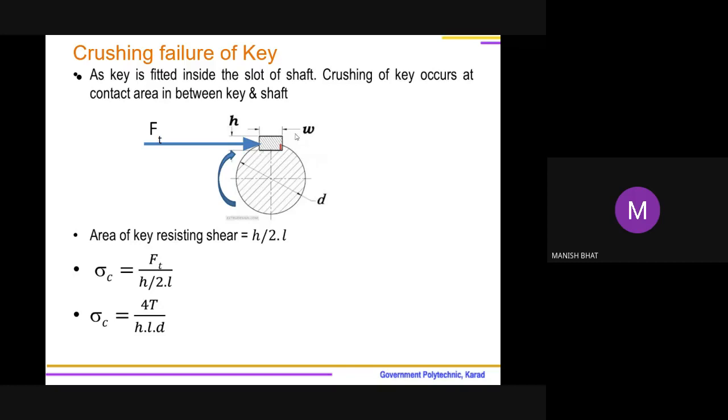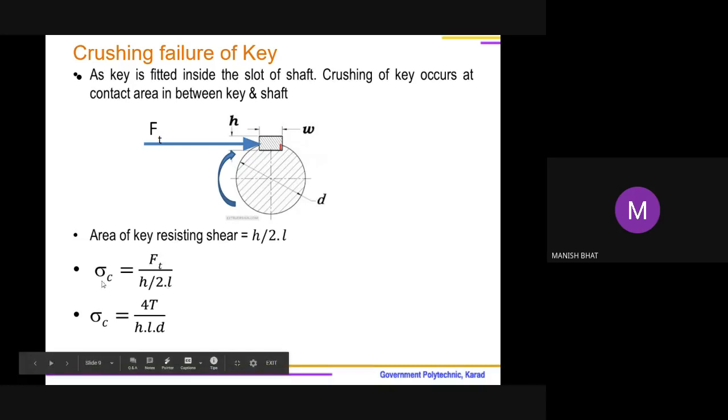So this is h by 2 over the full length L. We will find the area which is going to resist crushing. The area resisting crushing is h by 2 multiplied by L. Crushing is nothing but localized compressive stress.